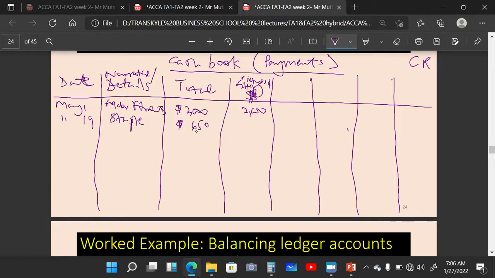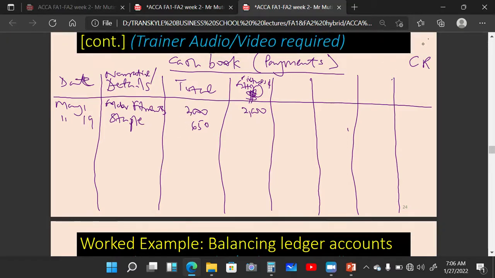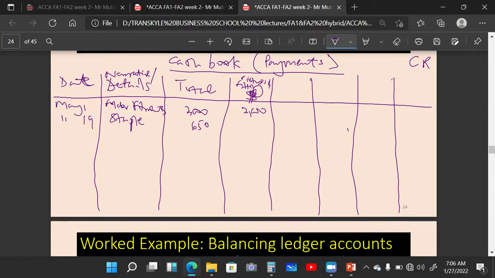Usually, as an ACCA student, you must be aware that the dollar signs should be put in one place, so that your work won't be clumsy. You just have to tell the examiners that this is the dollar sign. There's no need to repeat it. And we now have a column for payables, because we've got an entry for payables, and this is 650.